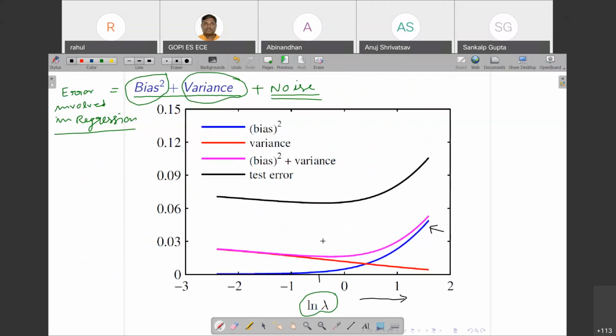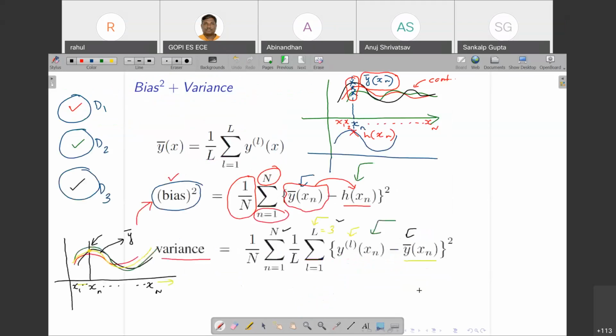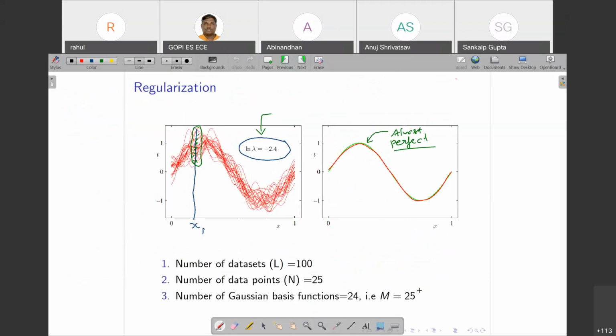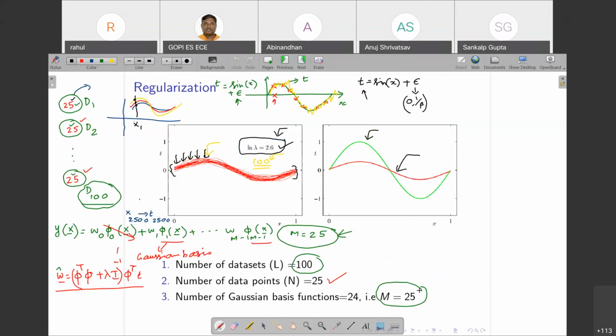But when it comes to this variance, the red color, it is actually decreasing. The bias square is increasing, but the variance is decreasing. So as this lambda gets increased, this is the largest lambda, and you can see that this red is getting deviated from the original value.